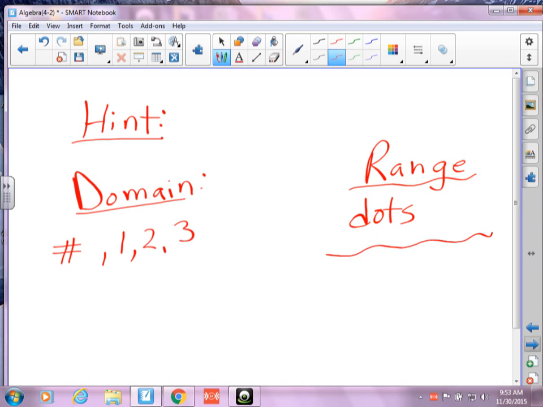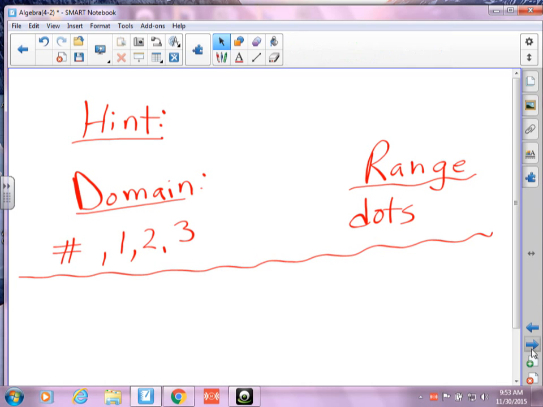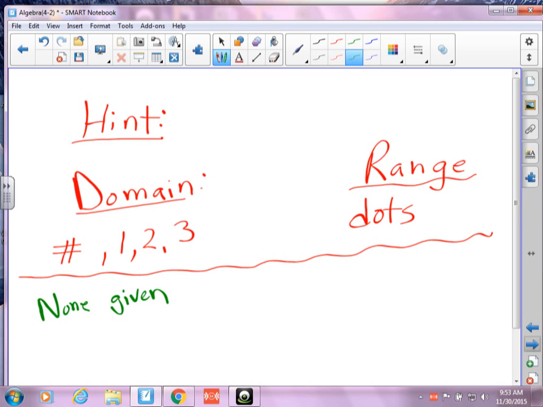Some of you are fixing your hair. You might want to pay attention. You might want to write this down because you're going to need it. So remember when we first did this and they gave you the domain? Then you just had dots. Okay? When none is given, like you have no domain given, that's going to be a line.